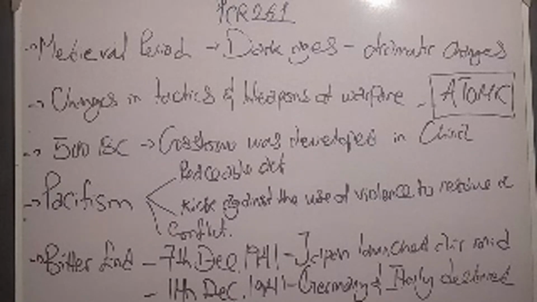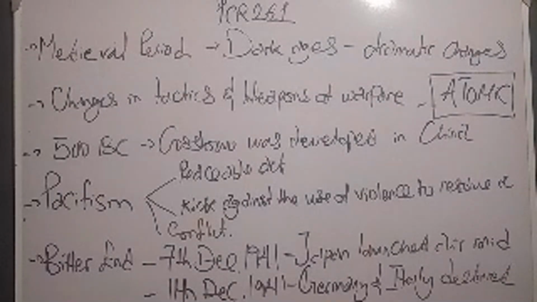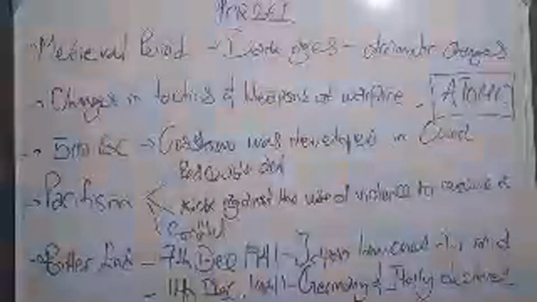This is what started as a small scale raiding. You remember I said it when we were about to start the class, I was emphasizing small scale raiding. This thing that started as small scale.